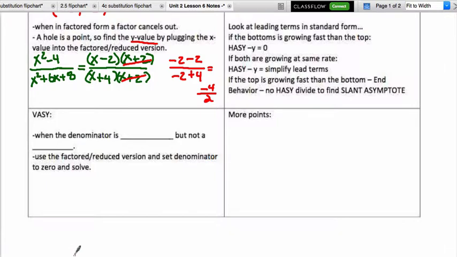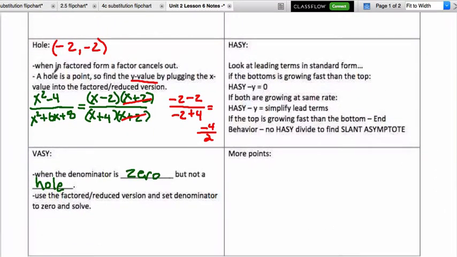Okay, so a vertical asymptote is, like I just said, when the denominator is 0, but not a hole. So we found the hole. That means that we cannot have a vertical asymptote at negative 2, because it canceled out. What we can do is use the factored and reduced version, x minus 2 over x plus 4, set the denominator to 0, and solve. If we have a 0 in the denominator, where would that occur?